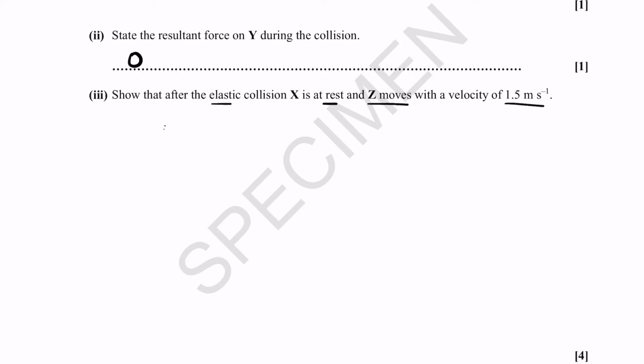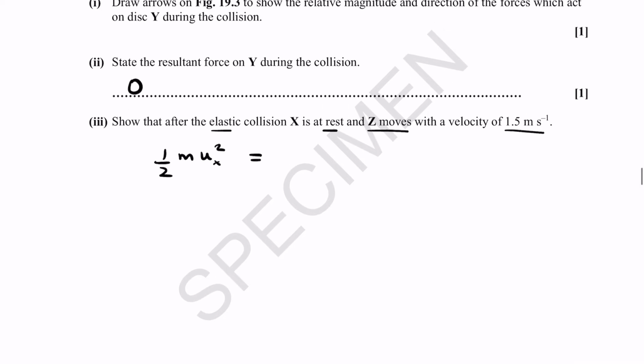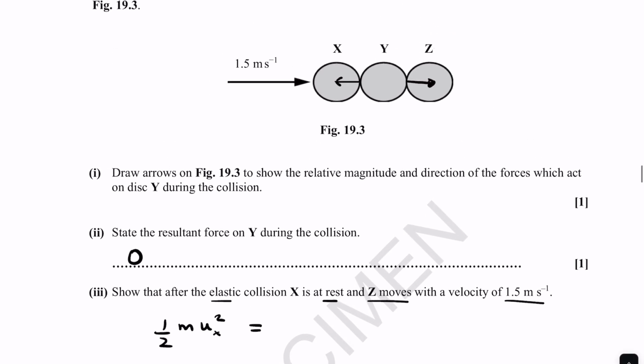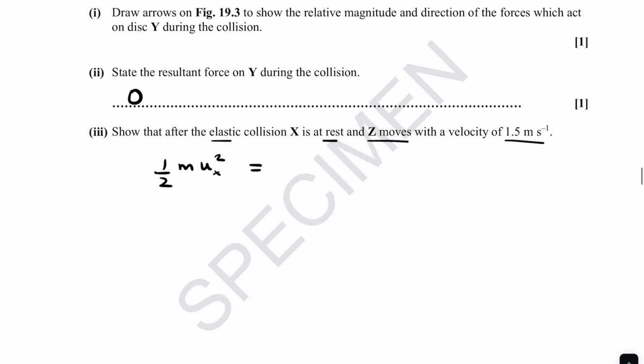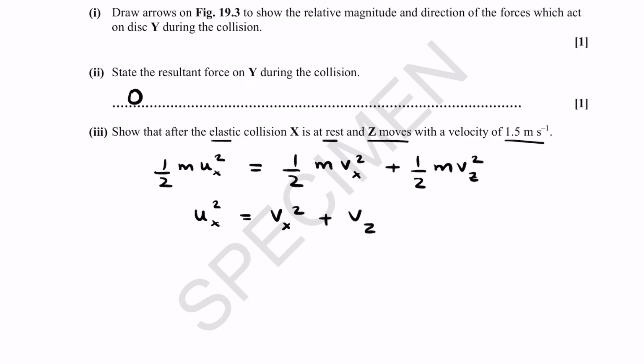So I can say it's half m Ux squared, which is equal to the kinetic energy of X and Z, as Y doesn't move. So we can say half m Vx squared plus half m Vz squared. And because the mass is identical, we can narrow it down just in terms of the velocities, like so.